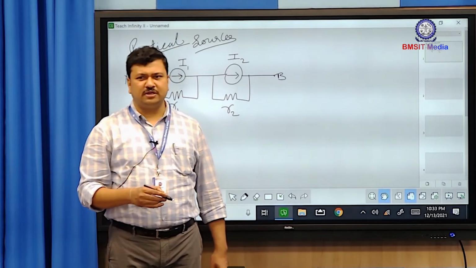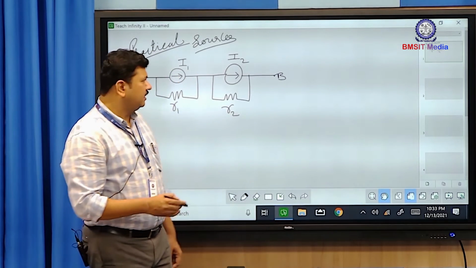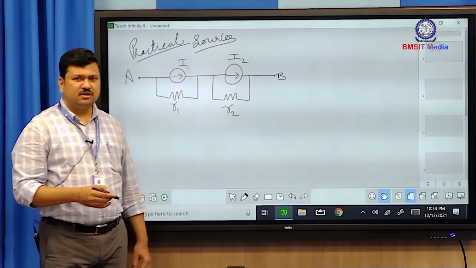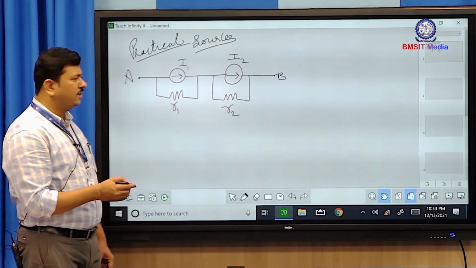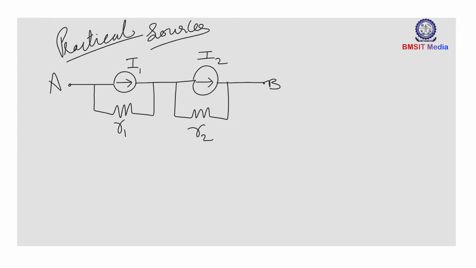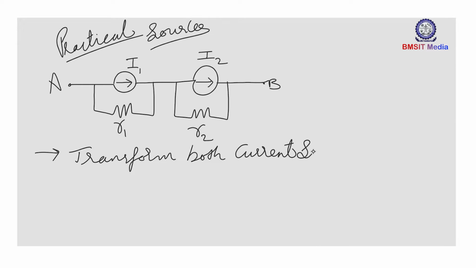And we have already seen in the previous lecture that two voltage sources falling in series can very easily be analyzed to obtain the equivalence of the values. So, what we will follow here is to transform both current sources into voltage sources.